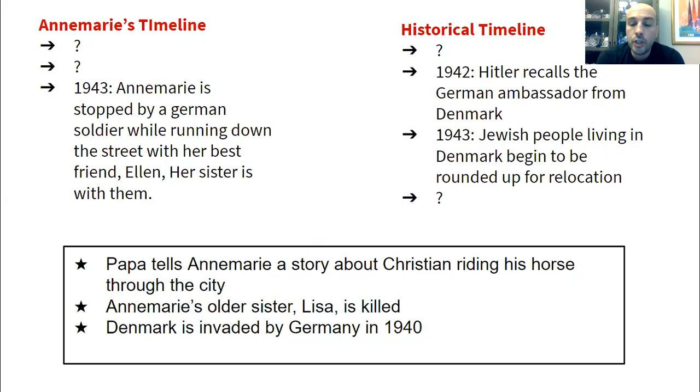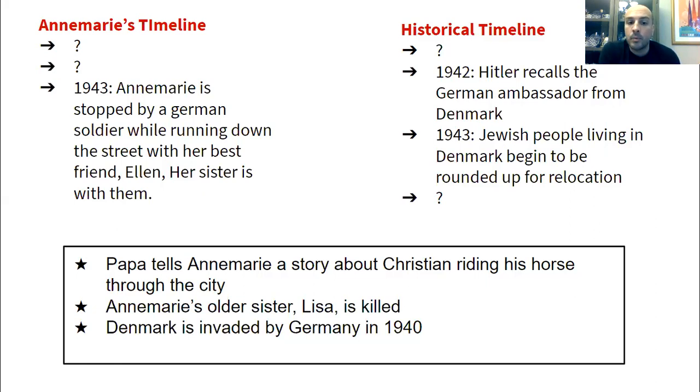So the challenging part about this specific work is that in the story, these two events did not happen chronologically. Instead, what happened in the story was we heard about Anne Marie's dad telling her the story of King Christian riding his horse first.